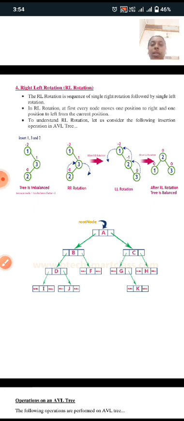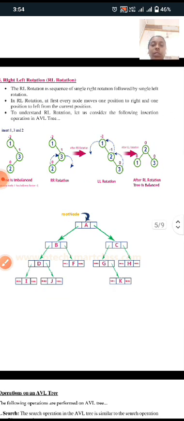Here the value is inserted right and then left, so the tree is imbalanced. We use the right-left rotation: first rotate to the right side and then to the left side. After rotations, the tree is balanced.